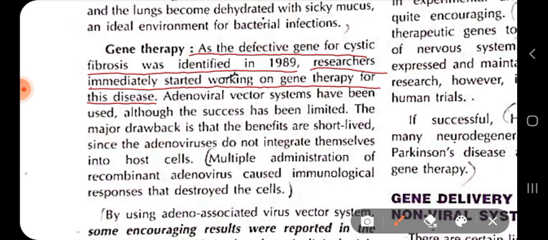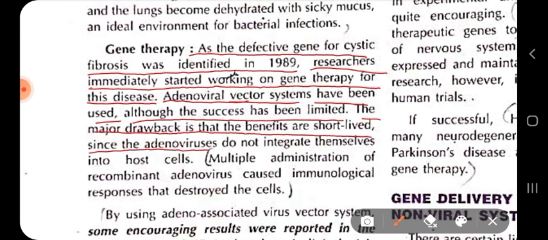Okay, so the patients who is suffering from this disease, their gene has been identified that what is the gene responsible for causing this disease due to non-functional of their CFTR gene. Adenoviral vector system has been used, although the success has been limited. The major drawback is that benefits are short-lived since adenovirus do not integrate themselves into the host cells.